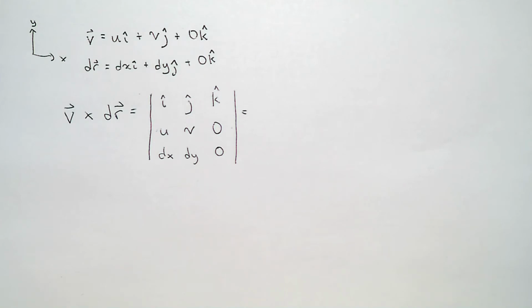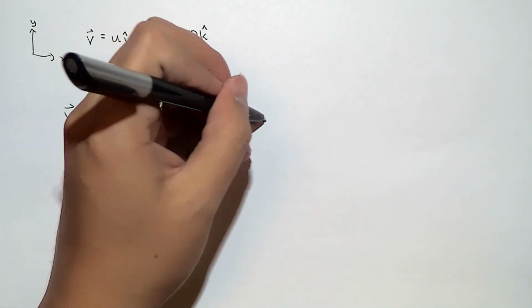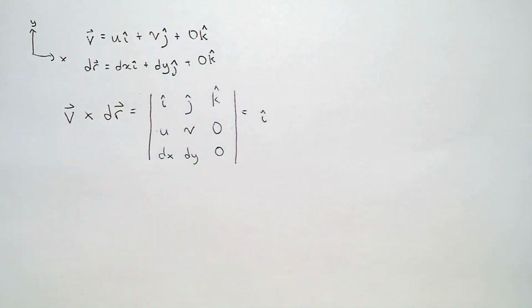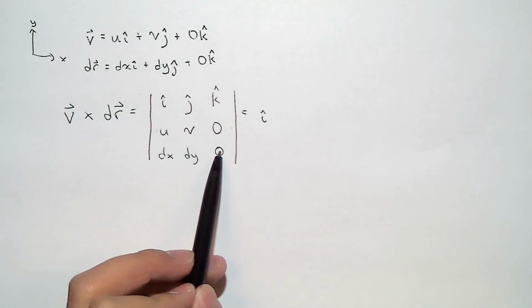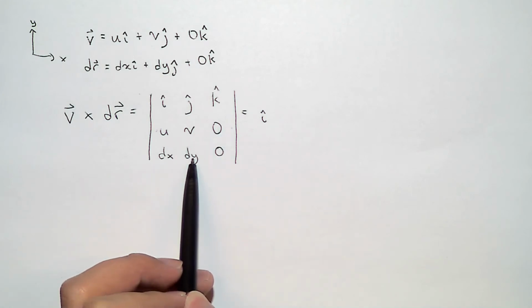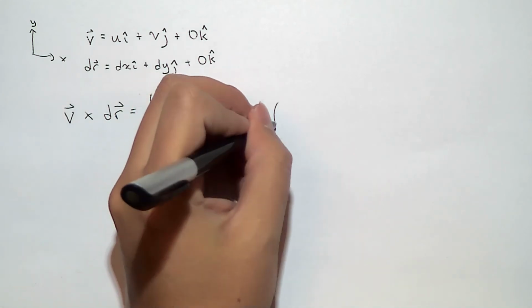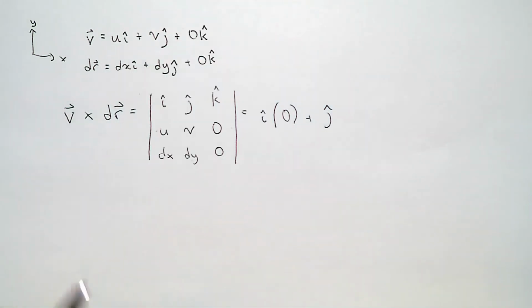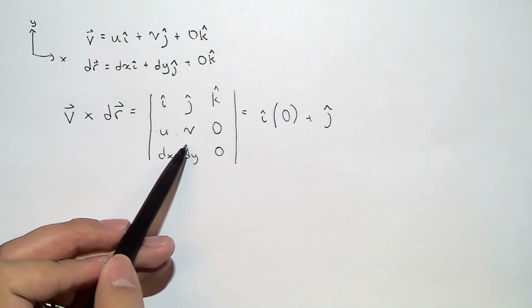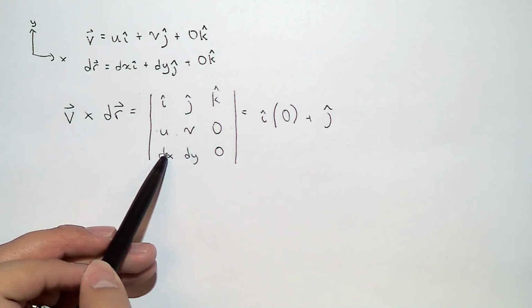If you remember how to solve determinants, we typically start with the first unit vector times this minus this times this. And how much is that? 0. Then we have our j vector times this times this minus this times this.